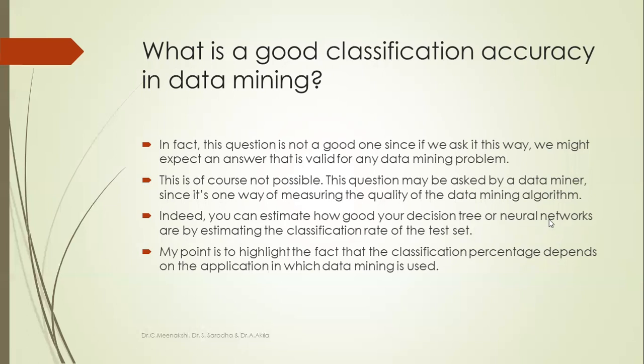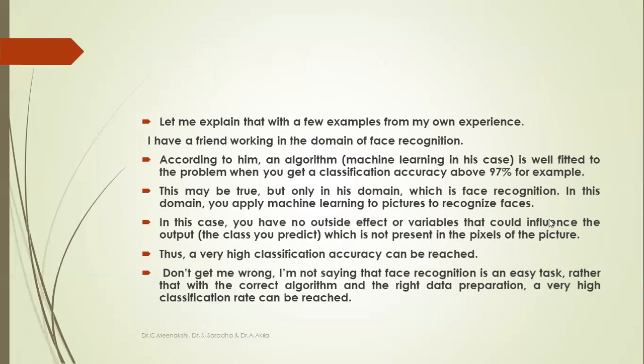According to myself, an algorithm is well fitted to the problem when you get a classification accuracy above 97, for example. It should have a higher accuracy, but only in the particular domain; if it gets that accuracy there, it depends on the domain. So you can apply it to other things.